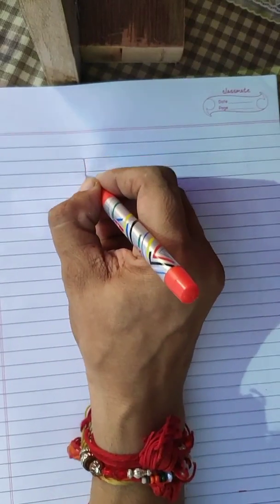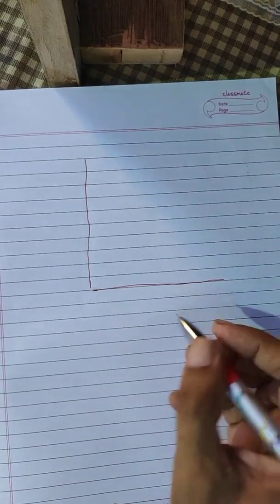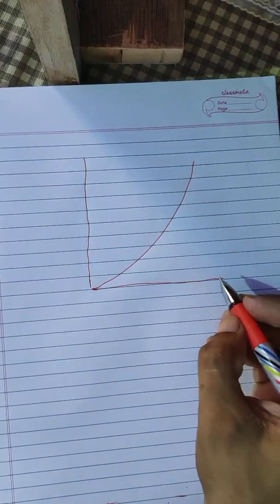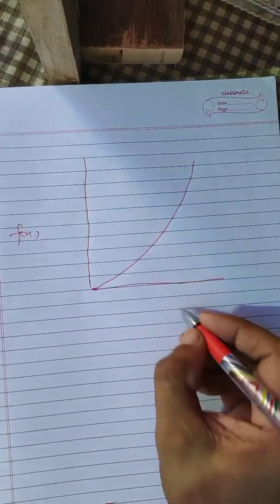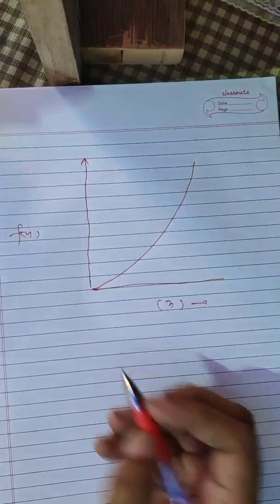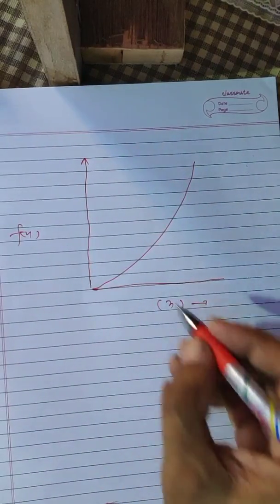Let's say we have a function which is quadratic, or parabolic in nature, and this is our f(x) and this is our x. On the y-axis we have the output of the function.